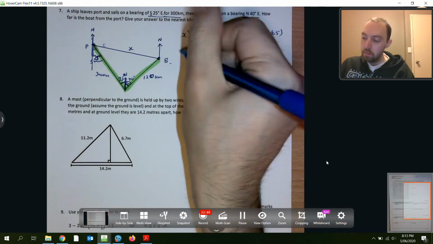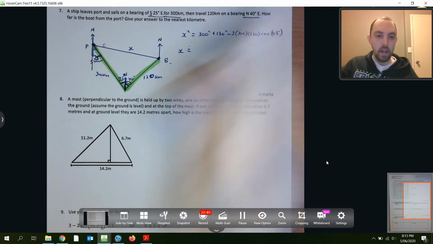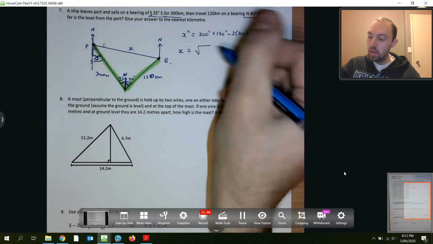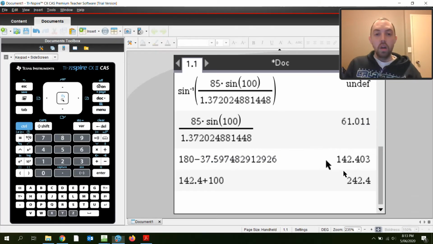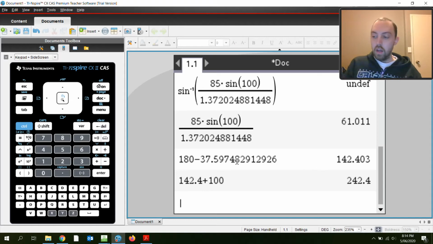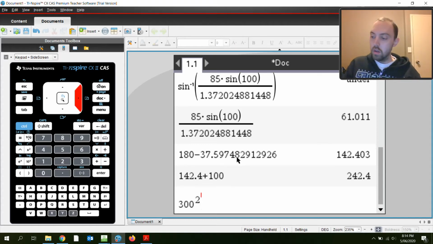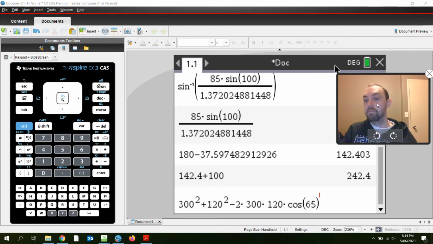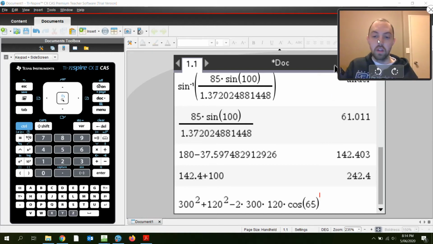And I am most of my way to finding x. So I am doing 300 squared plus 120 squared, take 2 times 300 times 120 times cos of 65. Again, still in degrees.